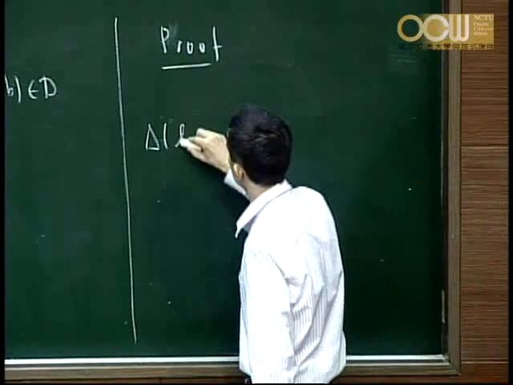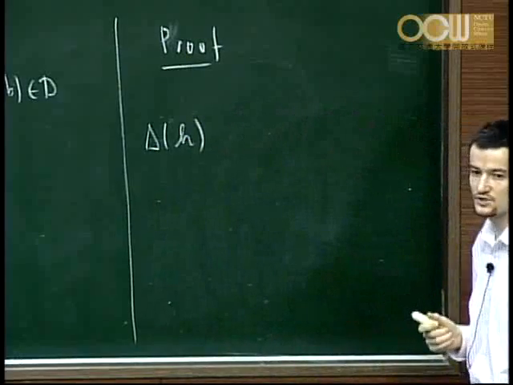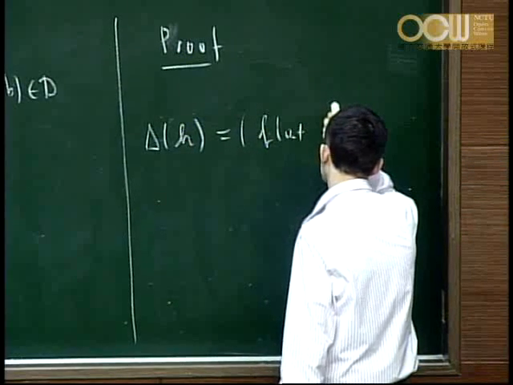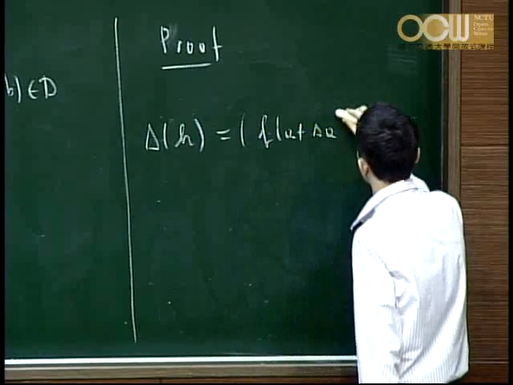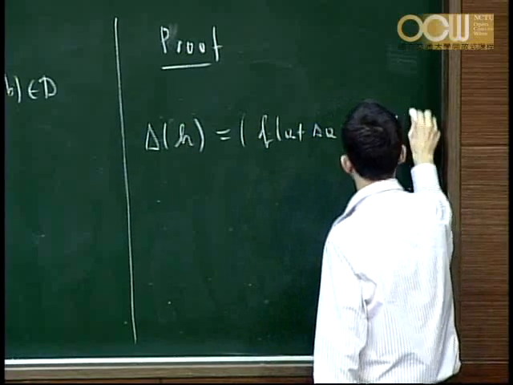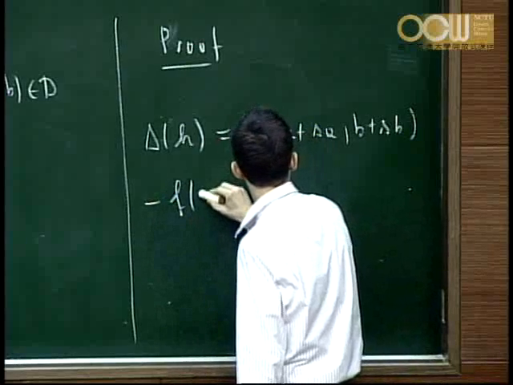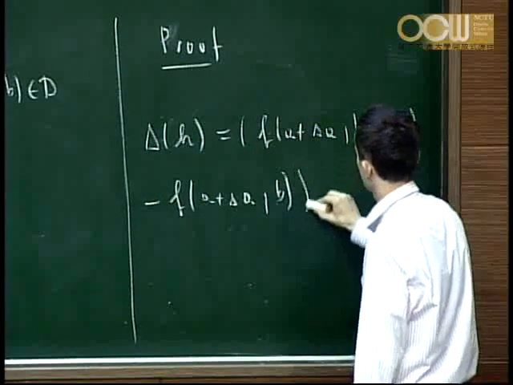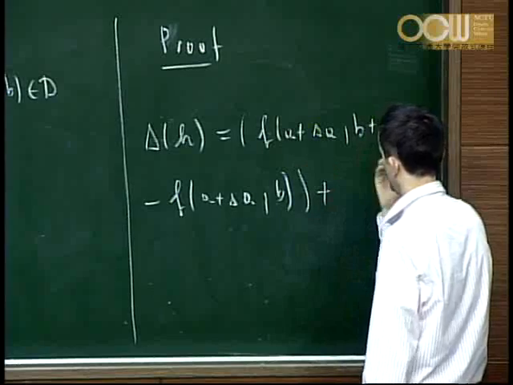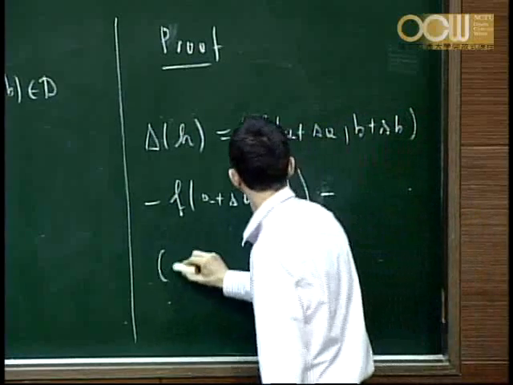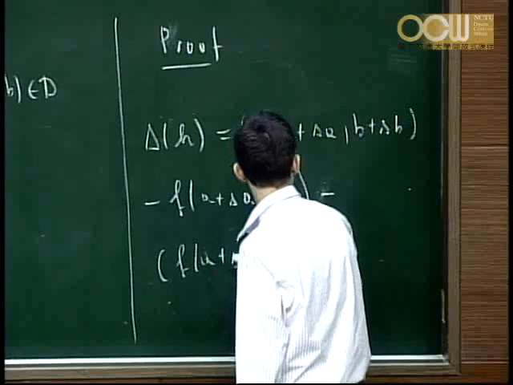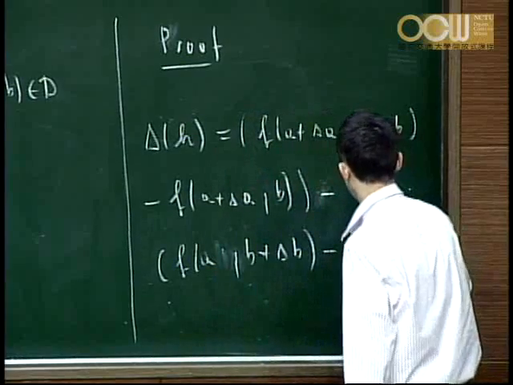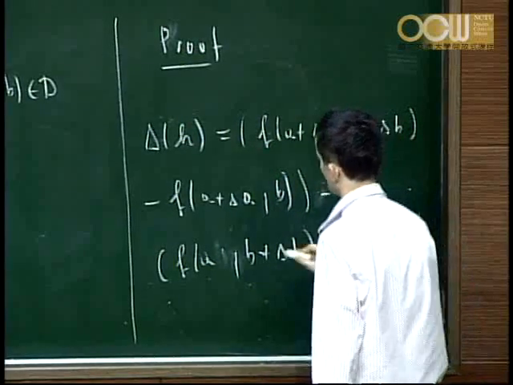So we define a quantity, and it will become clear why we define this one, delta H, which is defined as f of A plus delta A, B plus delta B, minus f of A plus delta A, B, and then minus f of A B plus delta B, minus f of A B. Okay, so we define this quantity here.